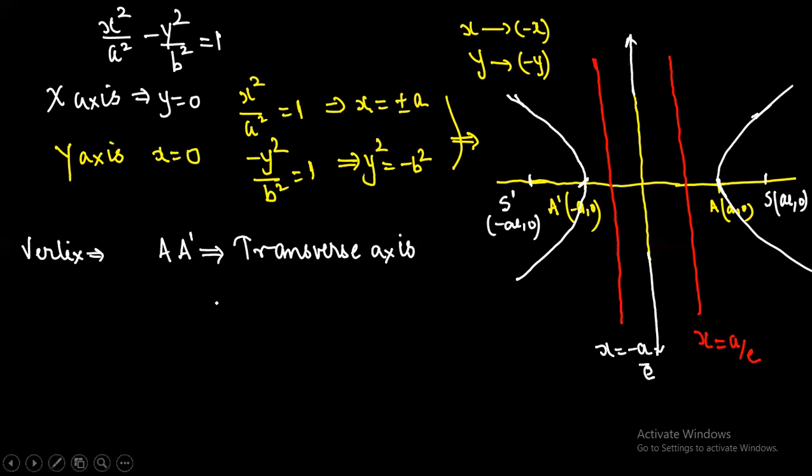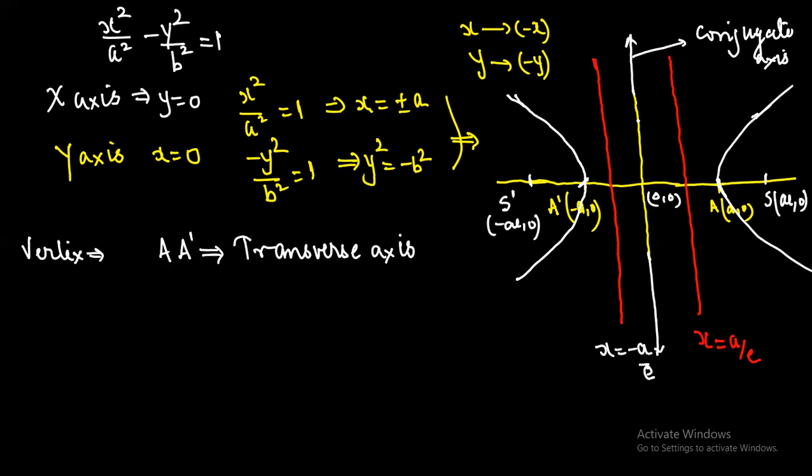In an ellipse, we talked about it as the major axis, but in a hyperbola, we talk about it as the transverse axis. Now, a line perpendicular to this transverse axis and passing through the center is called the conjugate axis.